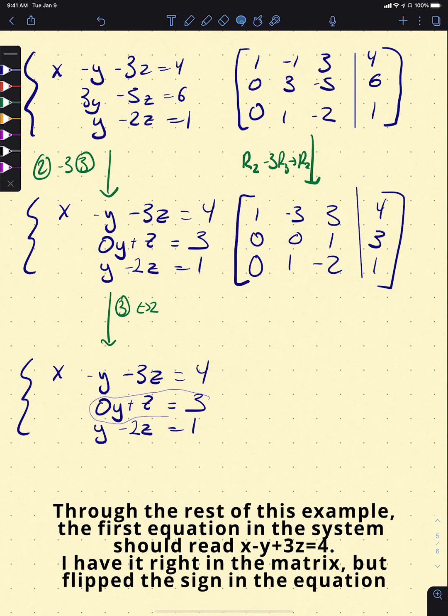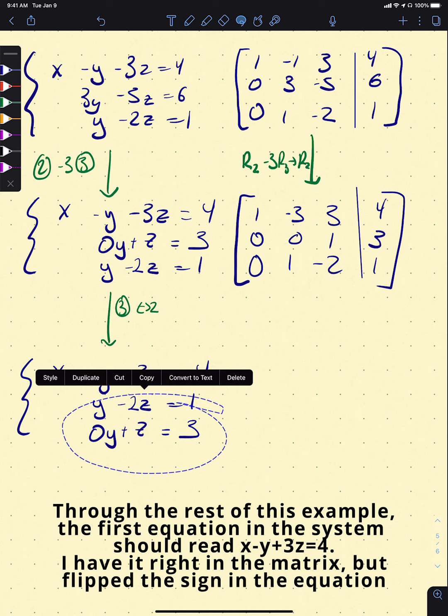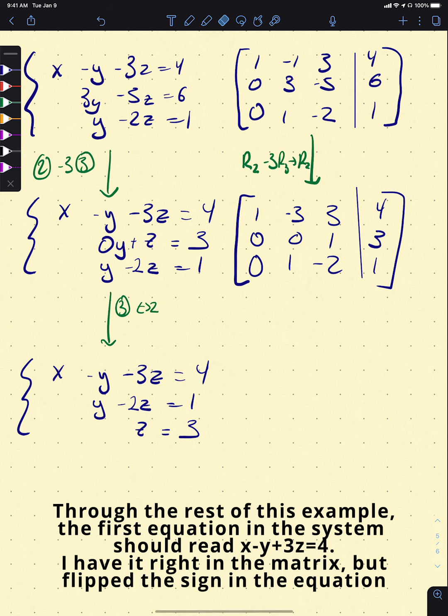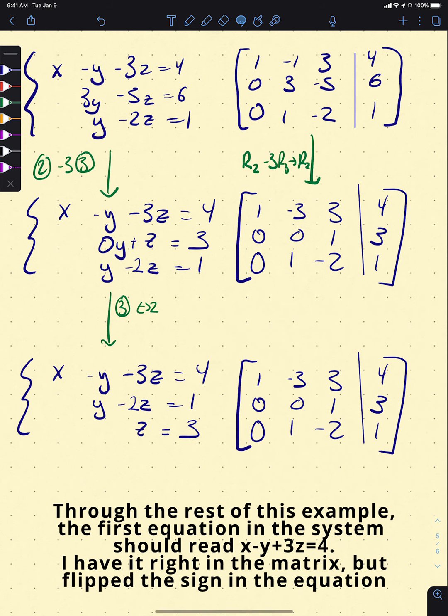We'll take this guy, move him out of the way, move that up, move this back in, and I can erase those. We have this system in triangular form.